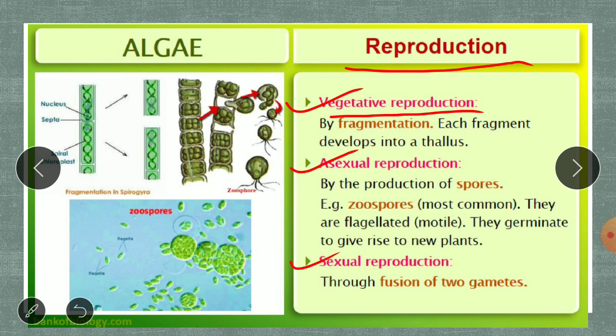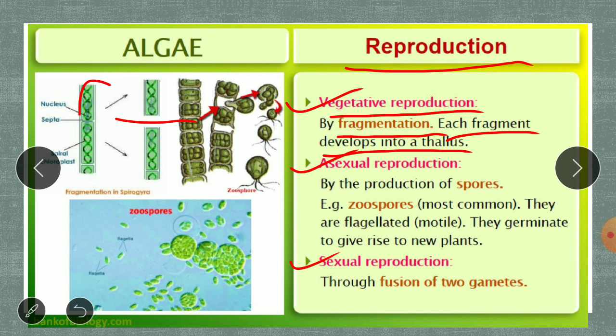So here the algae can reproduce by vegetative reproduction, that is by fragmentation. Each fragment develops into a thallus. Fragmentation is nothing but when you are cutting it, or when parts of the organism can grow into a new organism. Fragment, small parts.